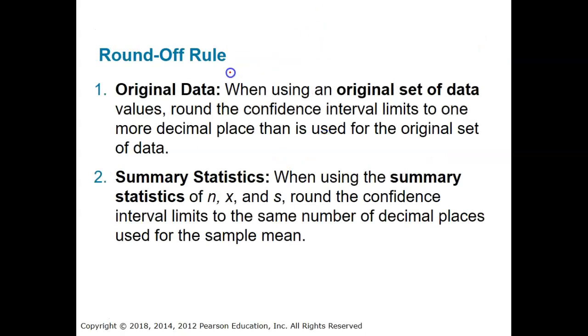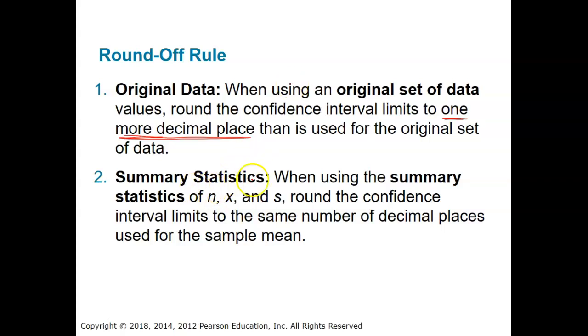As far as rounding, our rules are that if we work with an original data set, meaning that you are provided all 30 or 40 or 100 data values, then we're going to round our confidence interval limits to one more decimal place than whatever the data set has. So if the data set had one decimal place given, then we're going to round our limits to 2 decimal places and so forth.